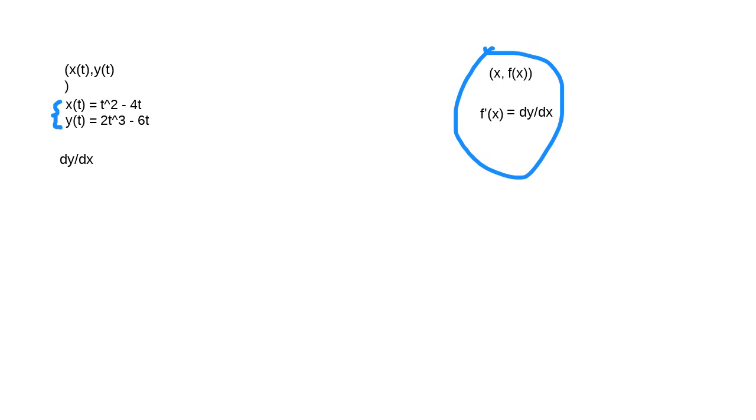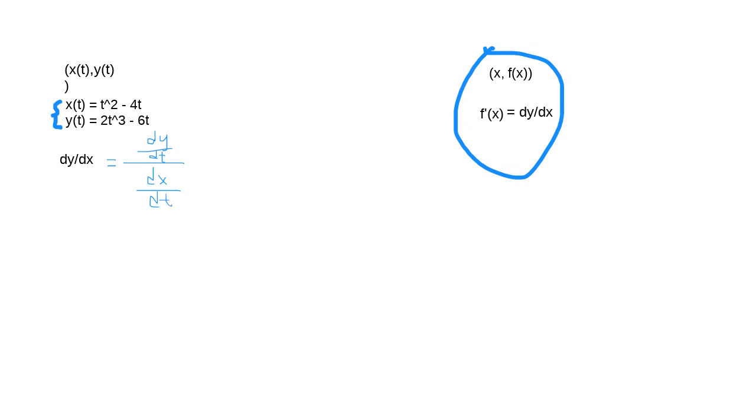Then maybe I write it this way. This equals dy over dt divided by dx over dt, right?